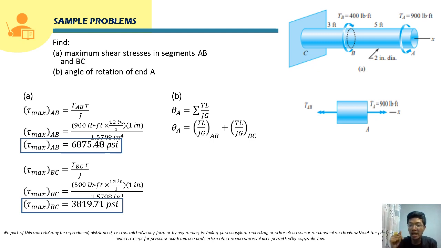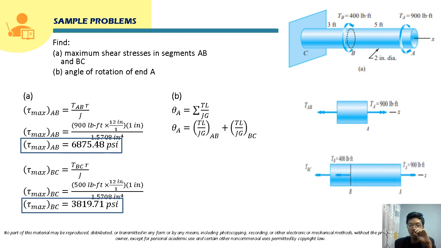This double-headed arrow is pointing away from the cross-section, meaning this internal torque is positive. That's why the angle of twist in segment AB will be positive.